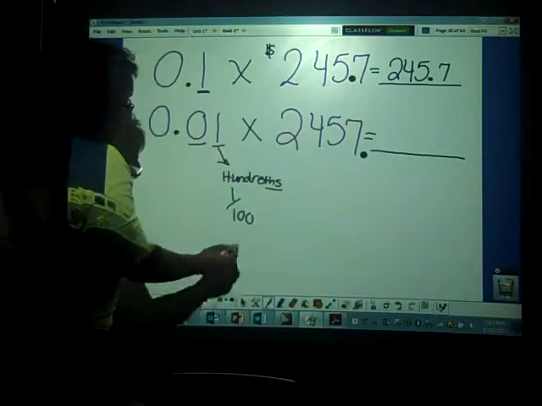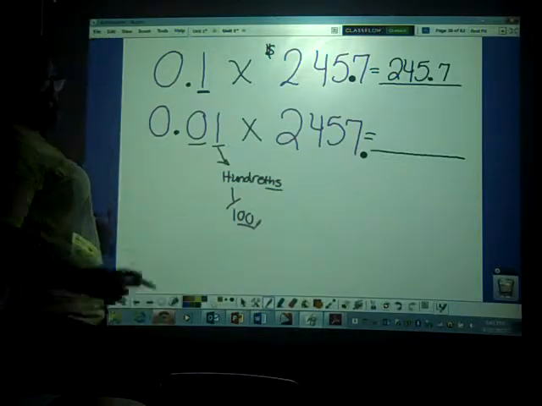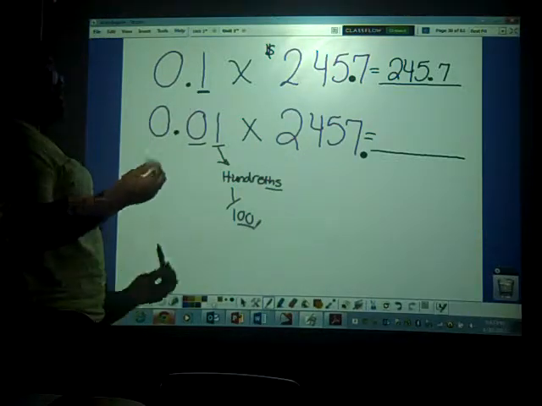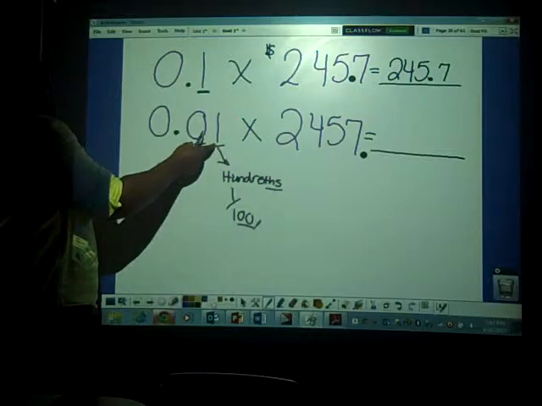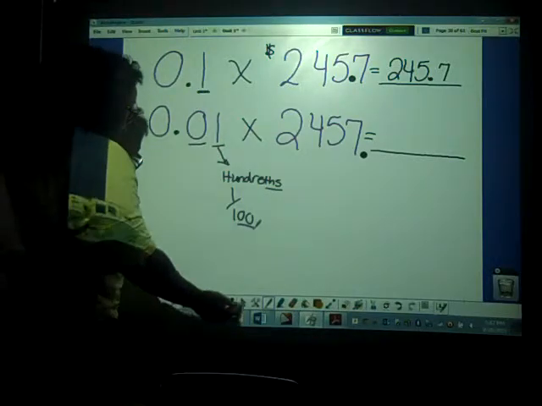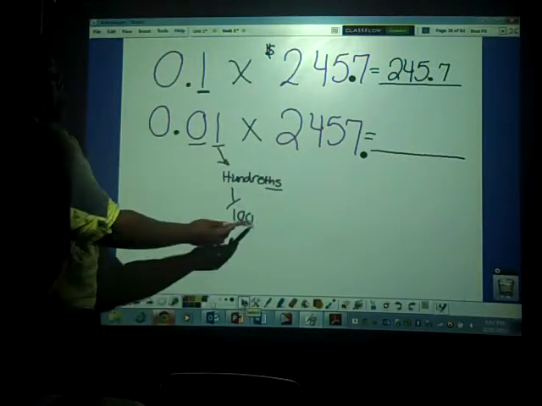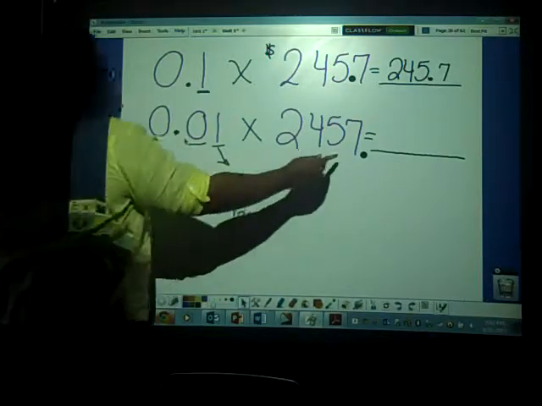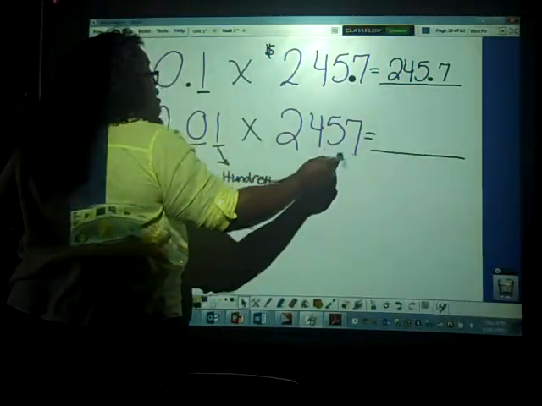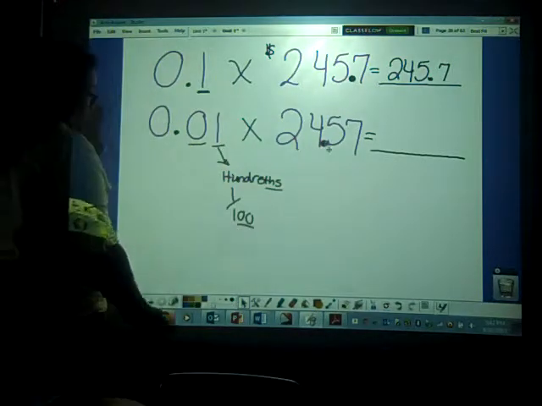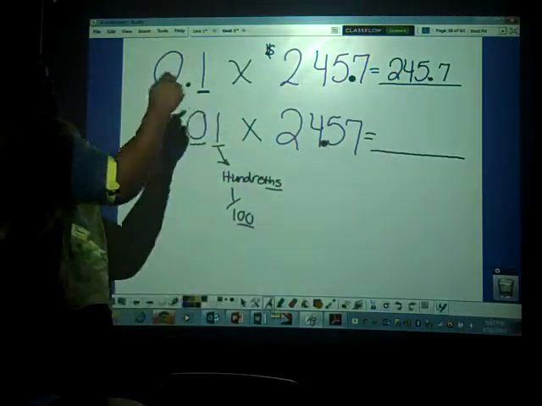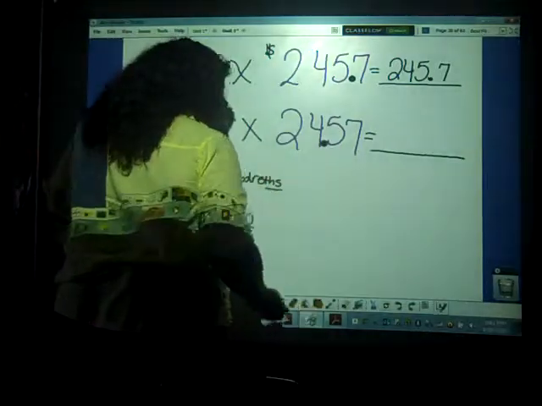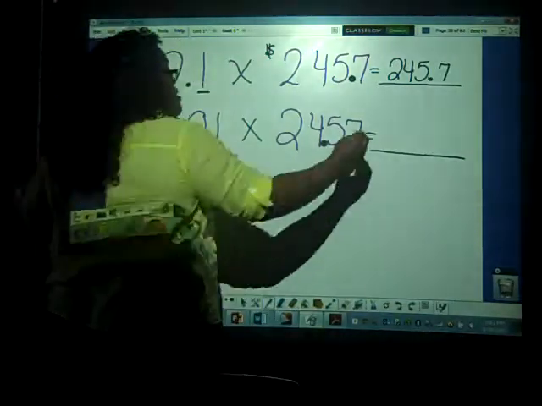How many zeros are in 100? 2. So how many places to the left, because it's decreasing in value, are you going to move your decimal? Well, I have 2 place values behind the decimal point, so I'm going to move it 1, 2 place values to the left.